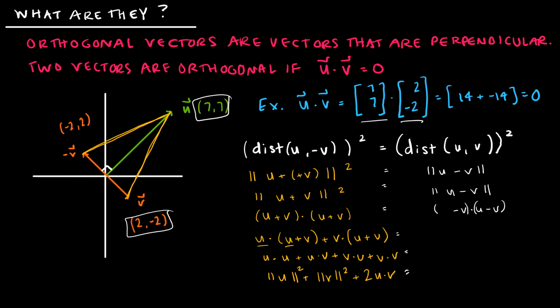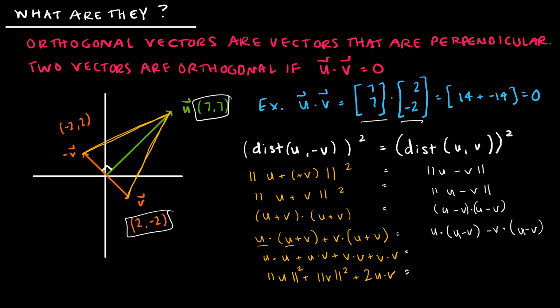Sorry, my v's and u's are starting to look a little bit alike. And then using those same properties, I can say the inner product of u with u minus v, plus the inner product of minus v with u minus v.